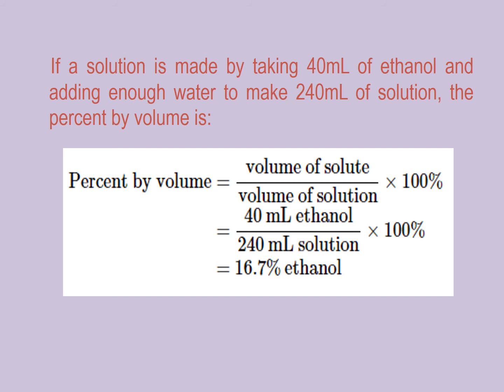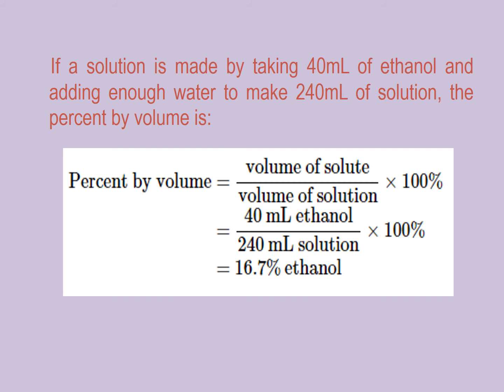Just the same as computing the percent by mass, we are going to substitute the given to the following formula. So 40 ml of ethanol here is your volume of the solute, while 240 ml is the volume of your solution. And then you are going to multiply it by 100 in order for you to get your percent by volume.